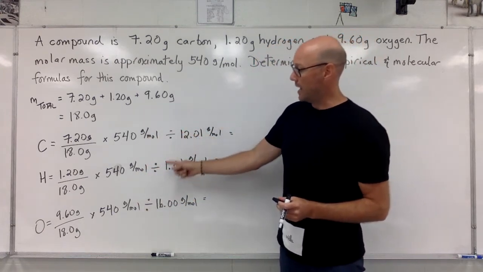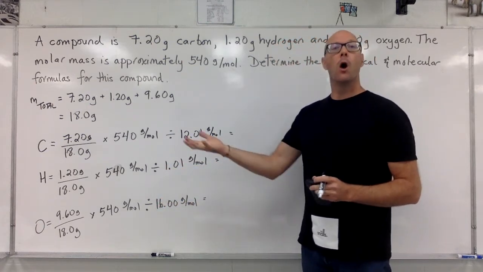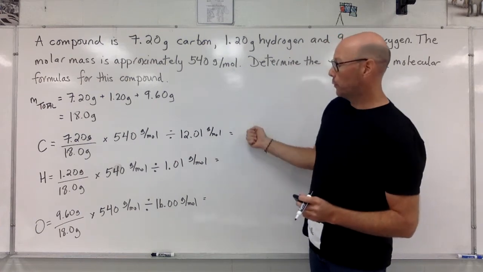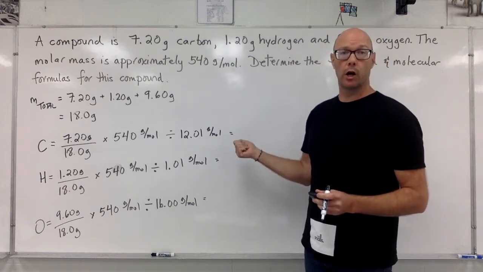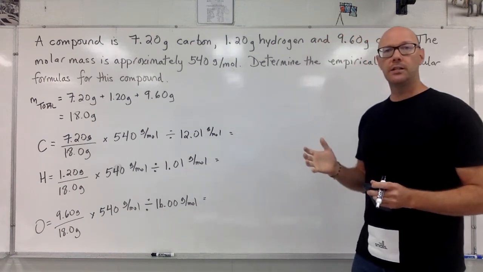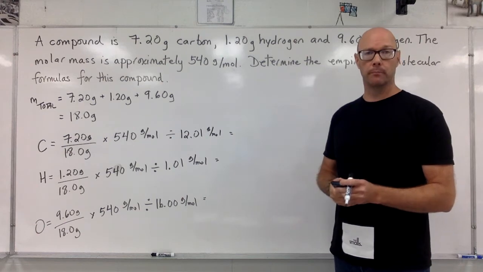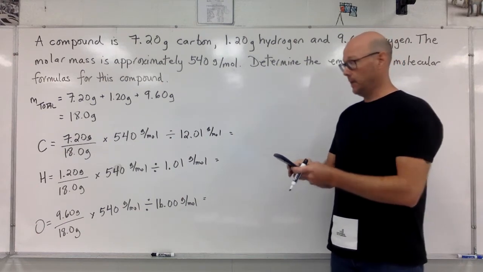Then divide by the individual atomic masses from the periodic table. For example, 12.01 for carbon. We have this calculation to do, and what we need to do is round that off to the nearest whole number.